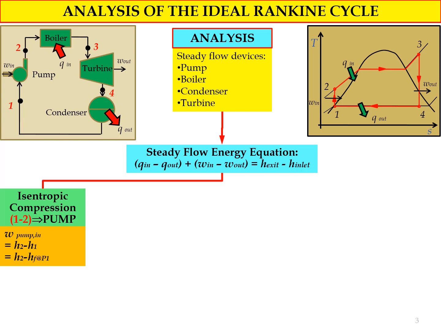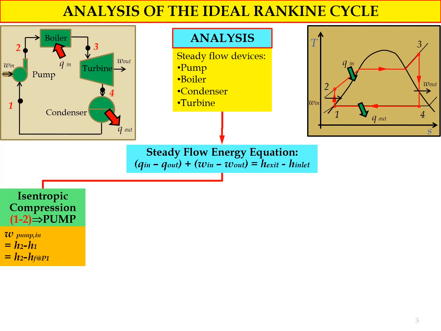At the pump, we will not have any Q in, no Q out, no W out, because the pump only requires W in. So the remaining term of the energy balance equation is W in equals H exit minus H inlet. H exit for the pump is H2, and H inlet for the pump is H1. So that's why we have the formula for W pump in equals H2 minus H1.